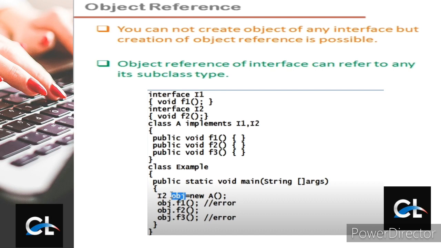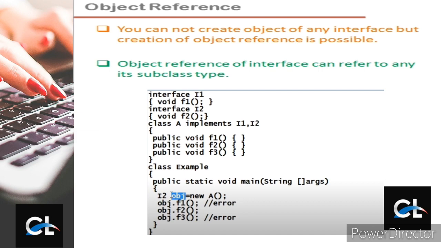That means if I use the reference variable of I2, then it will only support the functions of the I2 portion. If you concentrate on interface I2, you can find void f2 method is there, but under interface I2 we don't have f1 and f3. That's why it will generate an error.